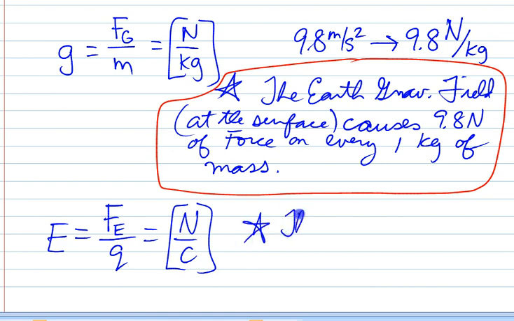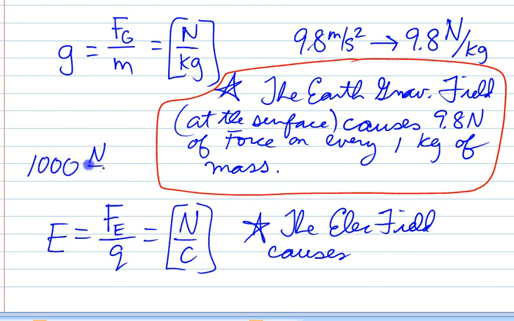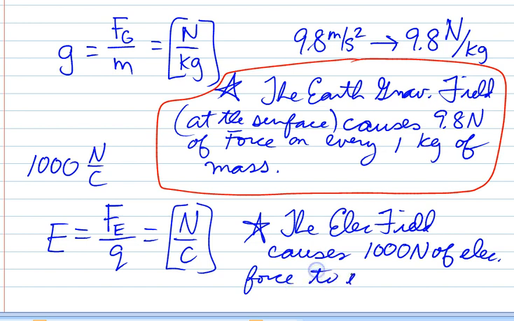In other words, let's just say I pick a number, that my electric field is 1,000 newtons per coulomb. It causes 1,000 newtons of electric force to every 1 coulomb of charge. That's a very important way of thinking about what the field is really doing.